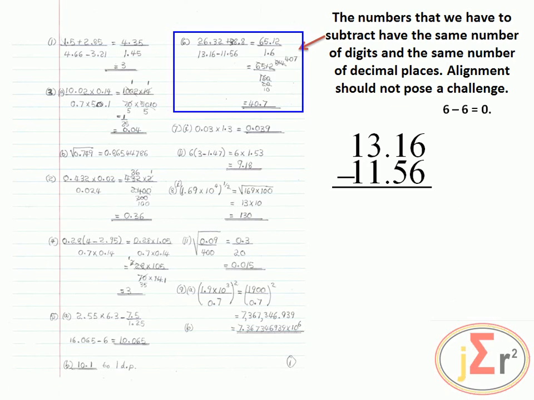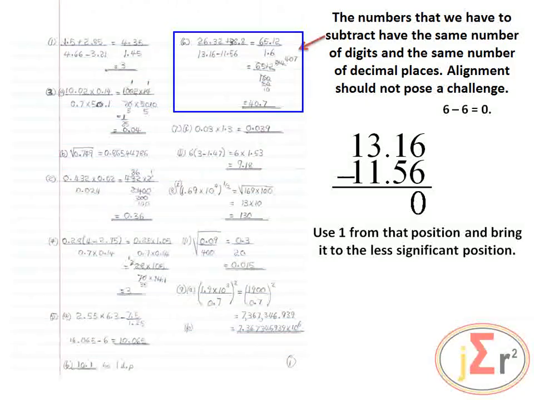Then we go straight ahead and say 6 minus 6 is 0. And then we say use 1 because we are intending to say 5 from 1. Cannot work. So we need to use 1 from the position that we have here, the most significant position, and bring that to the position that we have right here, which is of a less significance than this one.